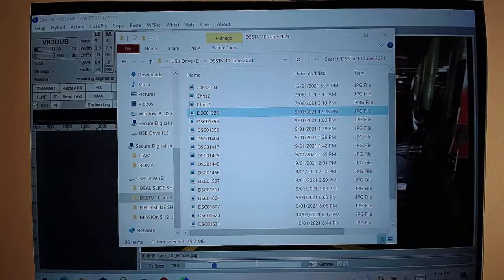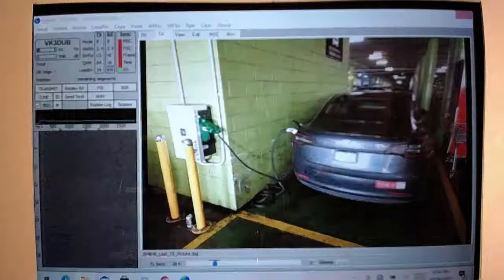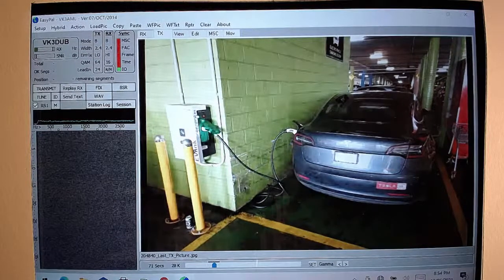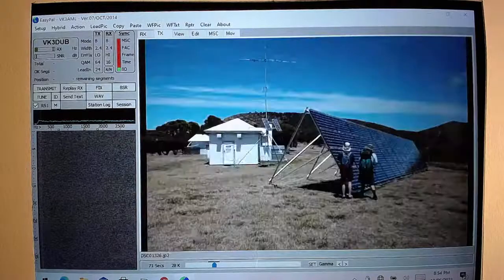1326 will do, I hope. That will convert to something in the transmit frame, I hope. Come on, come on, come on. Nothing. There we go.